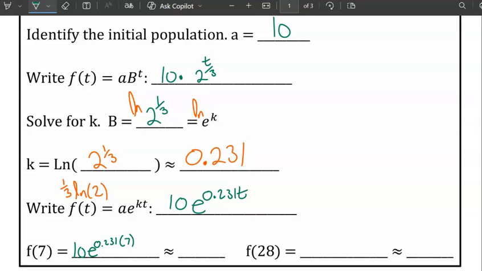And if we put that in the calculator, we'll get approximately 50. And then let's plug in 28 into the formula. 6,451.